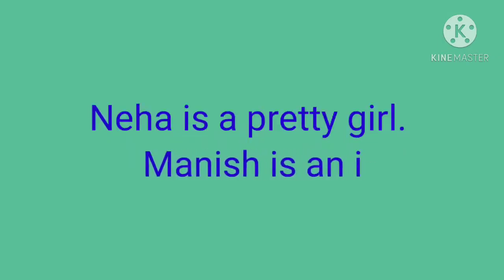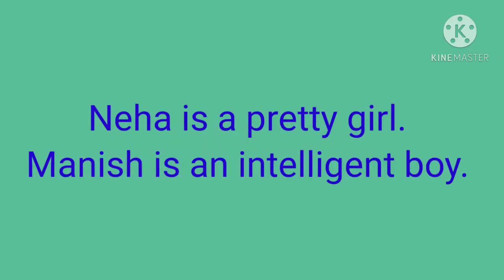Now, Neha is a pretty girl. Manish is an intelligent boy. See, adjectives are addition words of a noun. So first let us find the nouns in these sentences: Neha and girl in the first sentence, and Manish and boy in the second sentence.